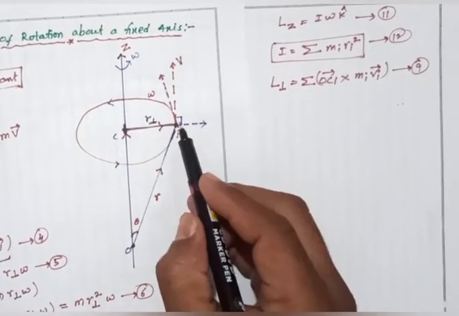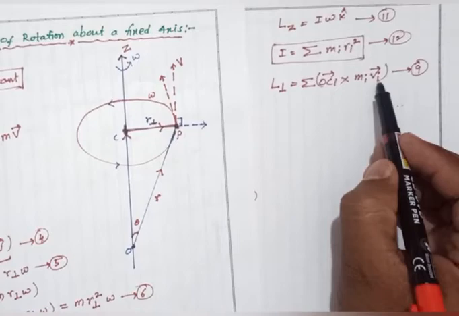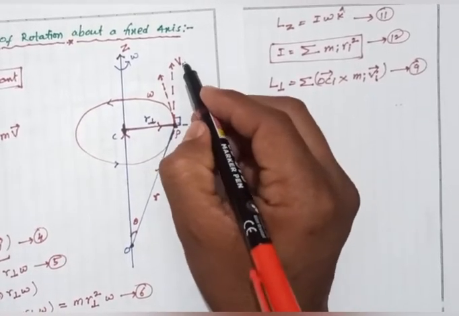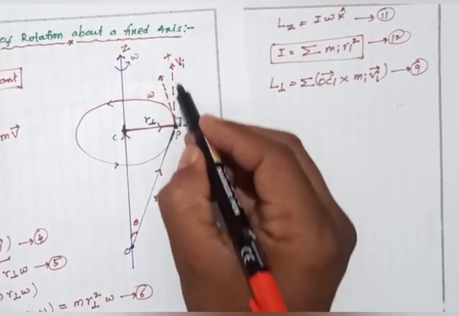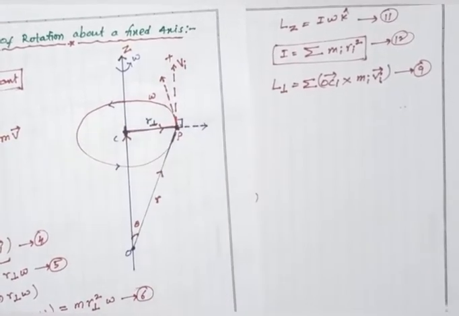The summation is over the velocities of all the particles. For example, this one is taken as positive, so it moves in the upward direction.